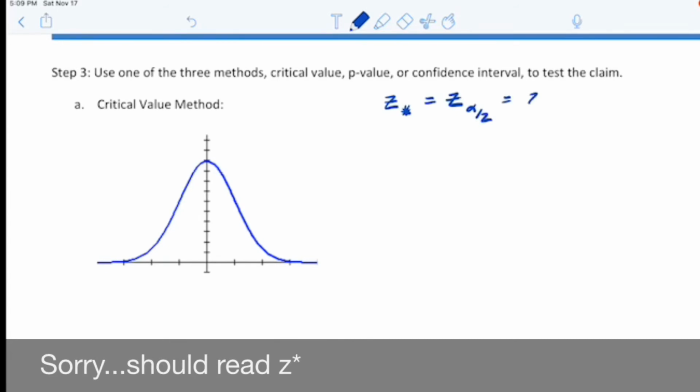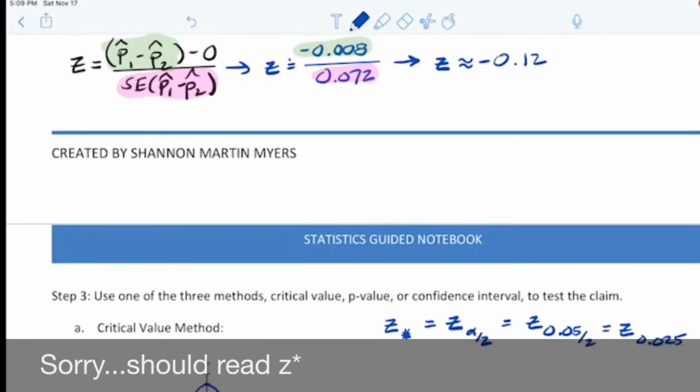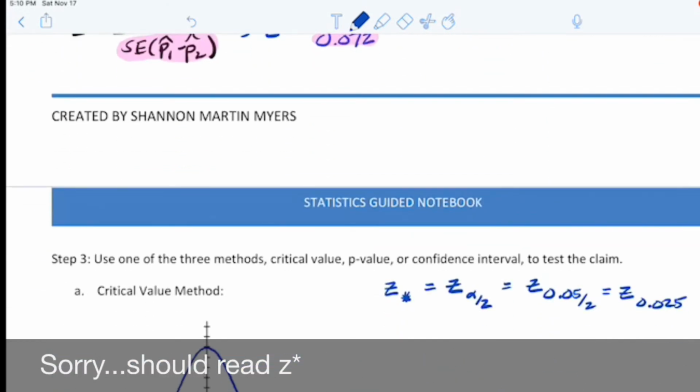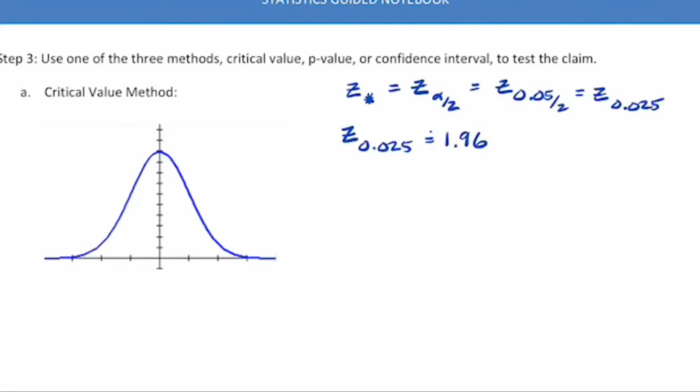Well, z alpha over 2 is z 0.05 over 2, which in turn is z of 0.025. Well, we found that, remember, over here when we were doing this work. Cool so far? I'll go ahead and highlight so that you can find that. So our z of 0.025 is equal to 1.96 approximately.